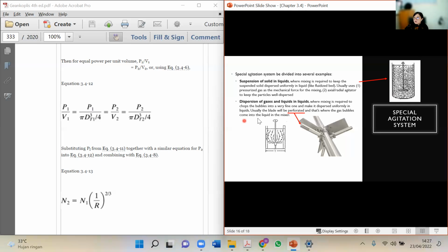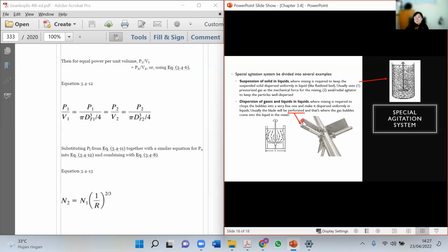That's why it's called a special agitation system, because in the plate there will be perforated holes. So the blade of the turbine will be perforated.